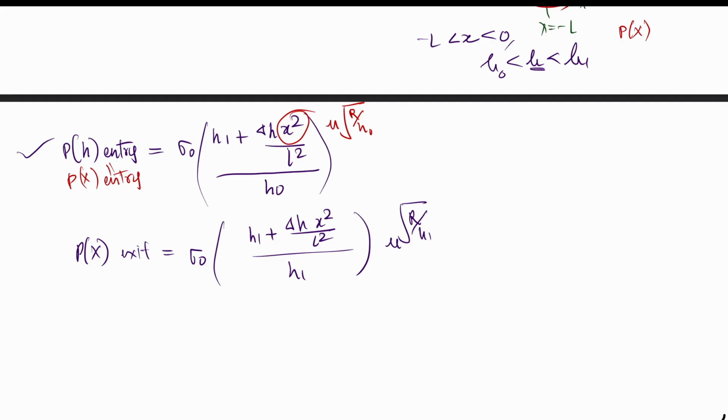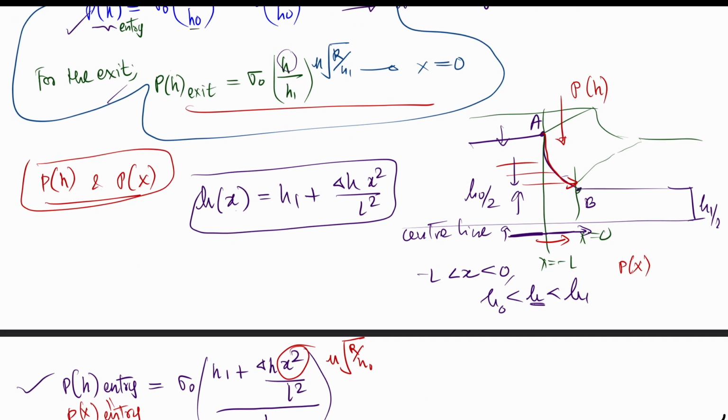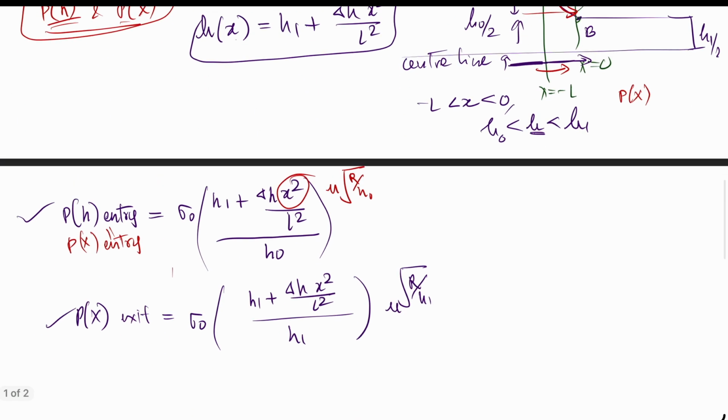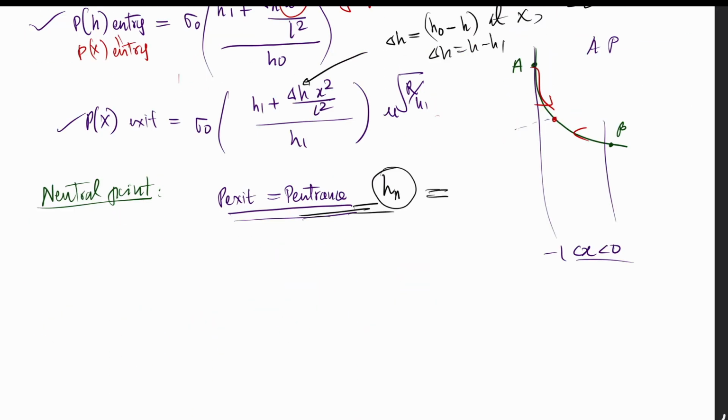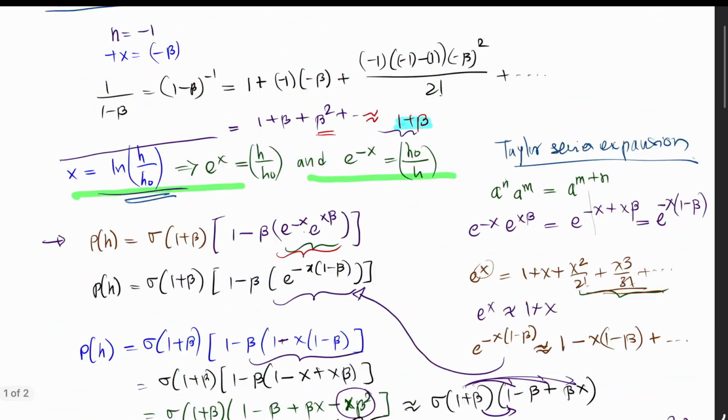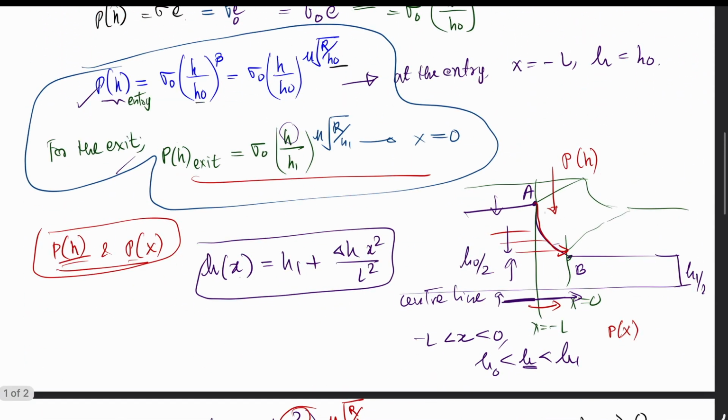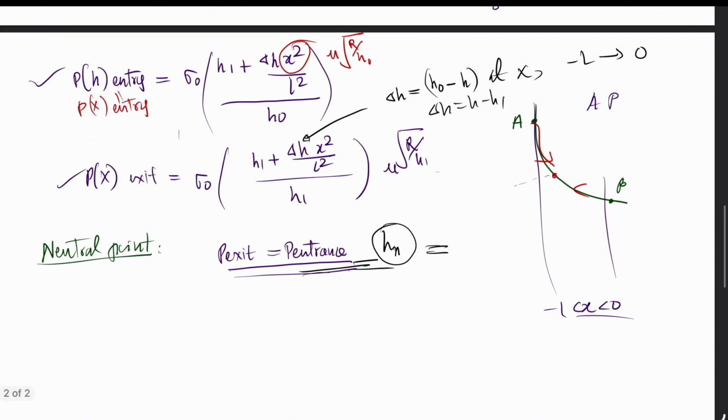So these are the variations, and I've successfully translated p of h to p of x. Okay, so this is the end of the equation that we have got, and this is how we do it. Okay, so thank you for listening and watching. Thank you.